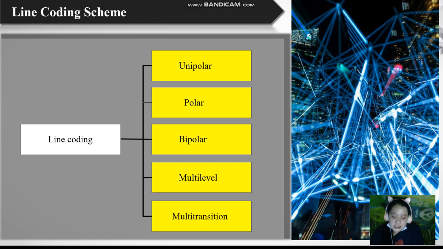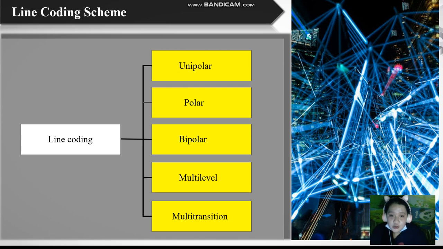Next is the bipolar, which consists of AMI and pseudo-ternary. Next is the multi-level, which consists of 2B1Q, 8B6T, 4D-PAM5. And lastly, the multi-transition of MLT-3.